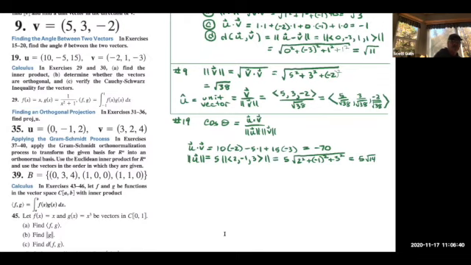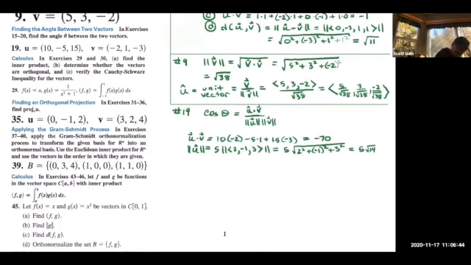And the magnitude of v, and v is -2, 1, -3. That sounds very familiar, almost the same as the last one without the 5.